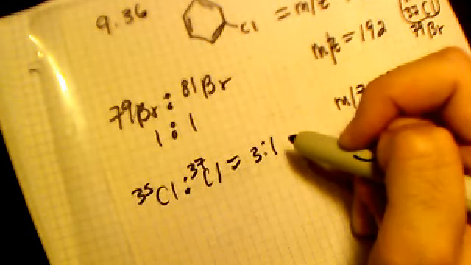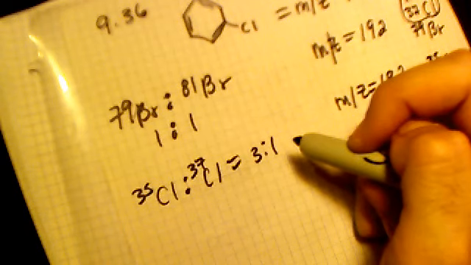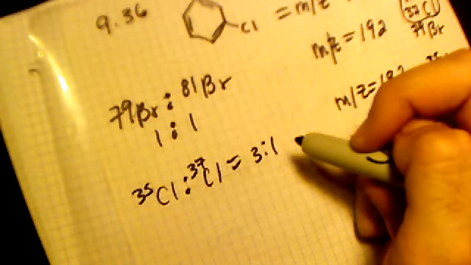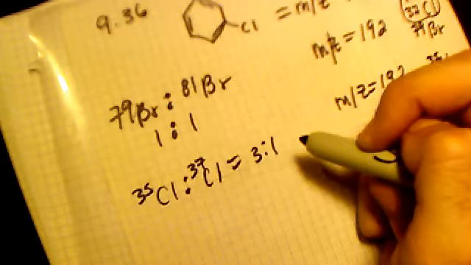So it says, therefore, if you have one bromine and one chlorine in the molecule, we must simplify the expression of 3 to 1 and 1 to 1 equals 3 to 4 to 1.